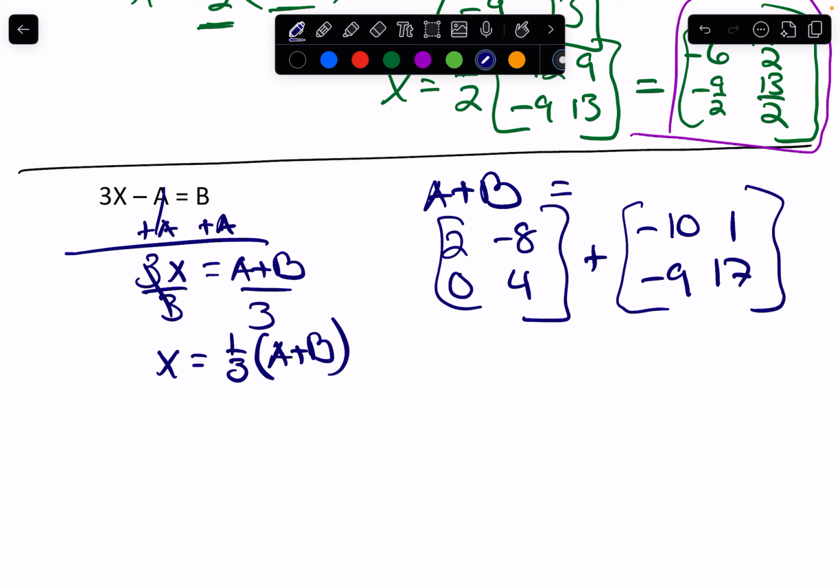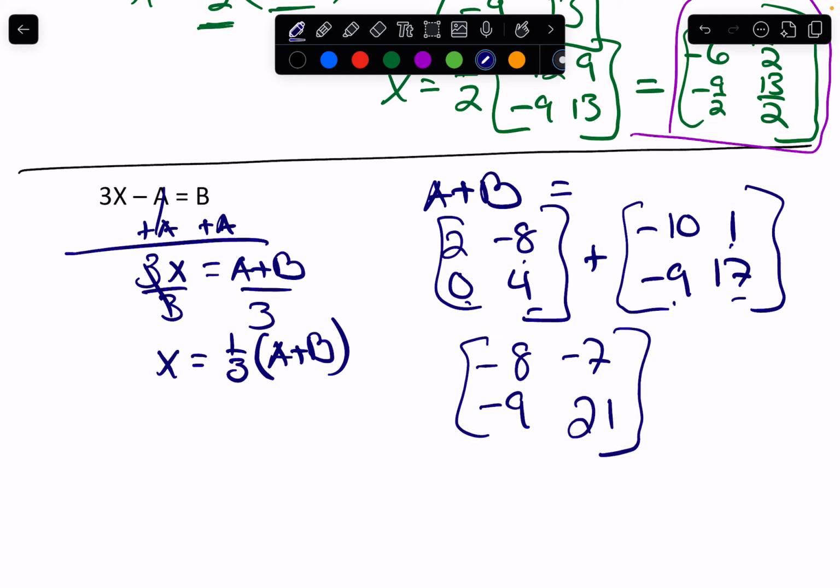We're adding these. So 2 minus 10 is negative 8. Negative 8 plus 1 is negative 7. 0 plus negative 9 is negative 9. And 4 plus 17 is 21.